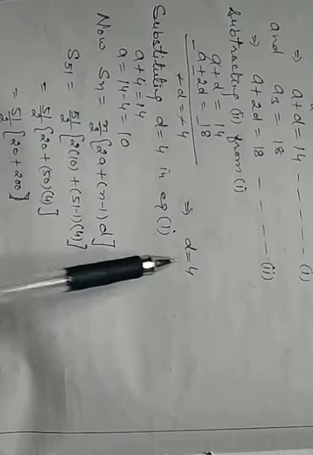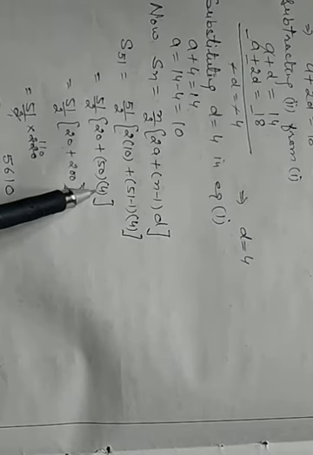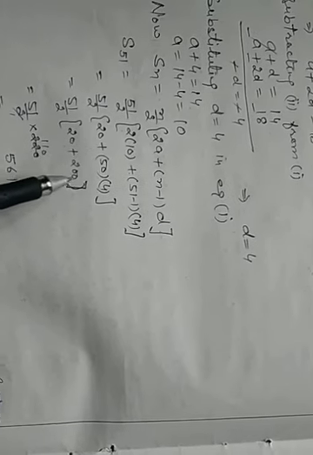n is 51, so n by 2 means 51 by 2, bracket 2a, that is 2 times 10, plus n, 51, minus 1, into d. d is your 4. 51 by 2, 2 times 10 is 20, plus solve it, 50 into 4. 51 by 2, 20 plus, multiply these two, 200.